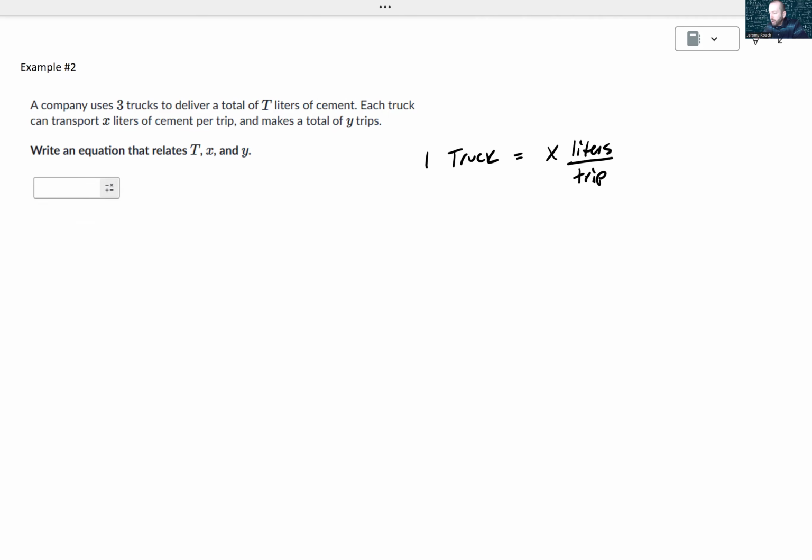So now we have to ask ourselves, what operation do we do with Y to make the trip cancel out? Well, there's Y trips. And so if we multiply, then the trip and the trip cancels out.